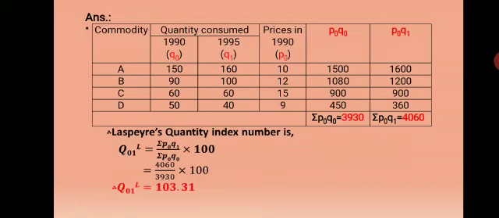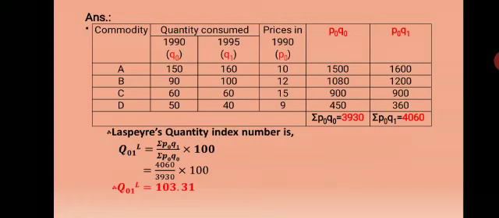First we will calculate P0 into Q0. That is 10 into 150, we get 1500. Similarly, 12 into 90 is 1080. Then 15 into 60 is 900.